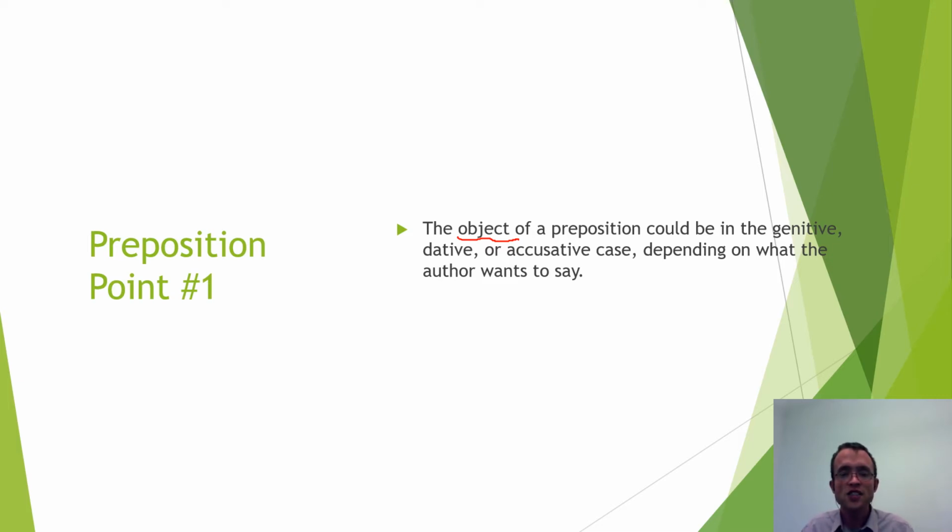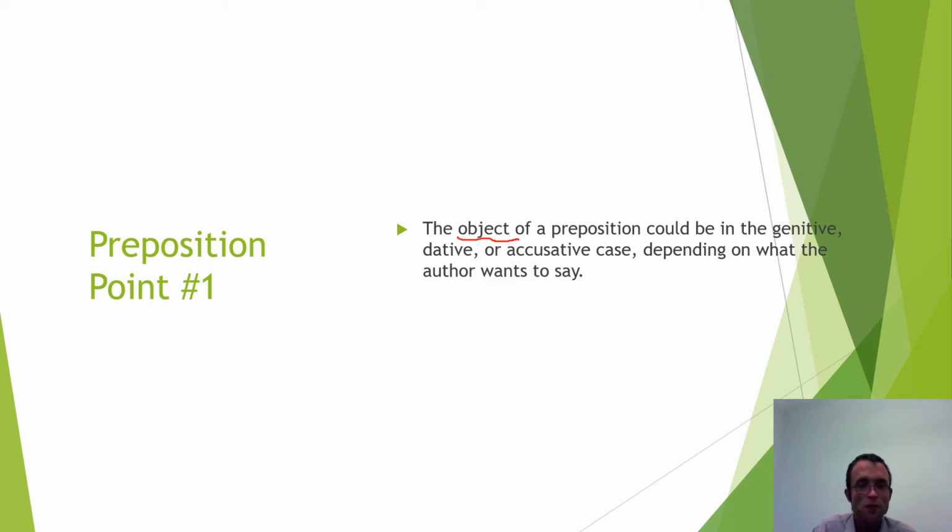Now, what about the cases? Well, I've written here the object could be in the genitive, dative, or accusative case. The important thing to remember with Greek prepositions, and we're going to get to this in later chapters, I just want to keep reminding you of it so that you know this is what we have to deal with.